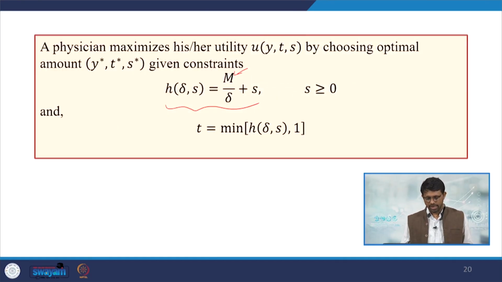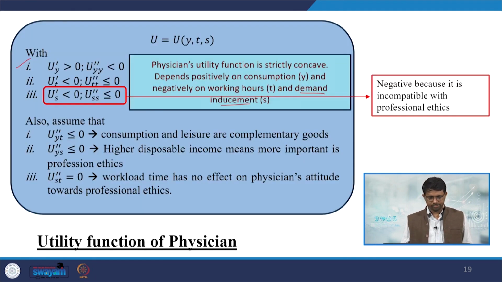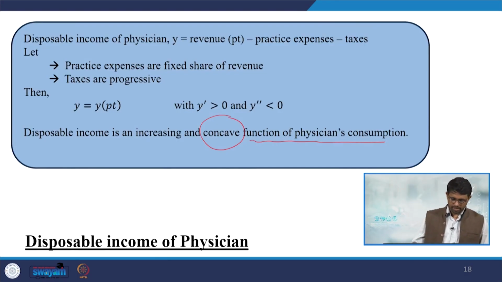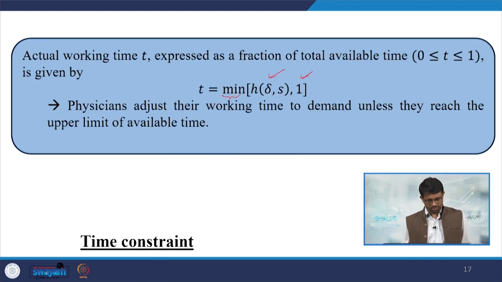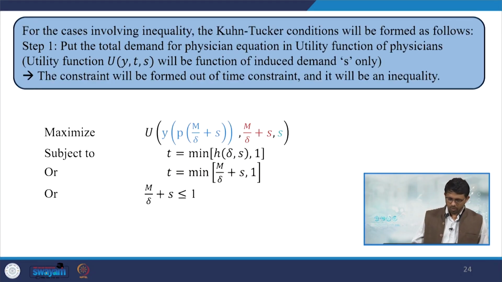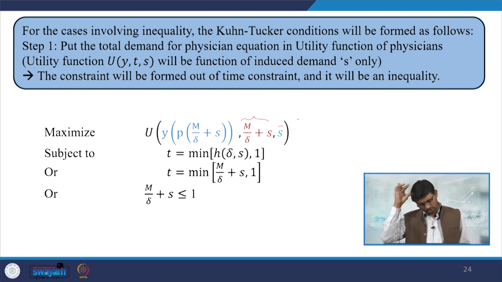So, this is your H, M upon delta plus S, and this is Y of T and S, and this is Y of P, T which we already clarified. Okay. So, Y function we are just clarifying at this moment, and then your T function is here and S is explained.